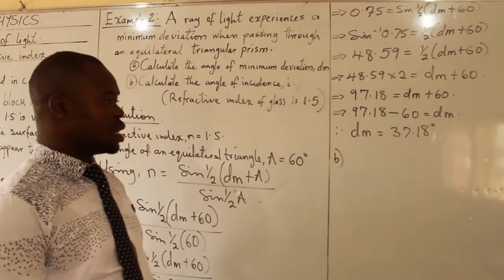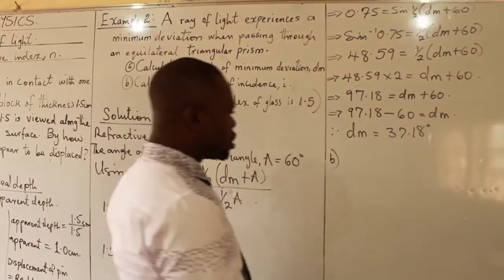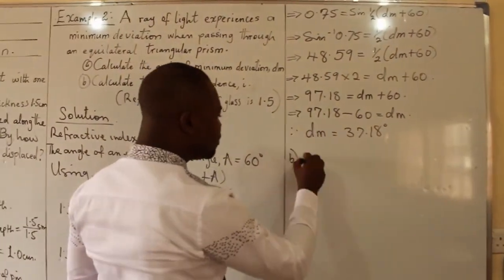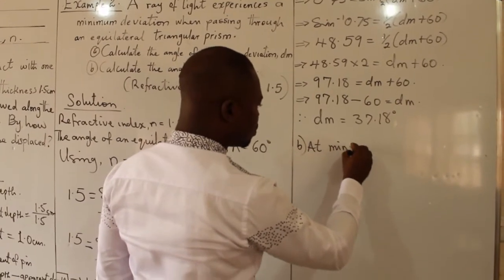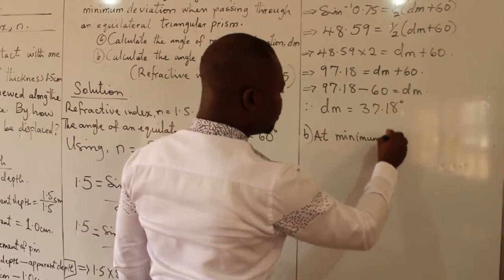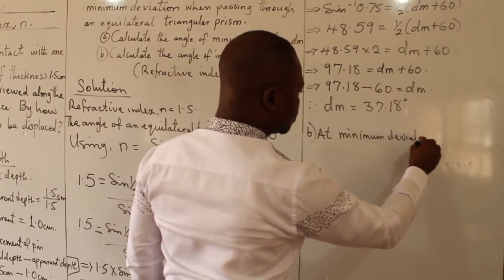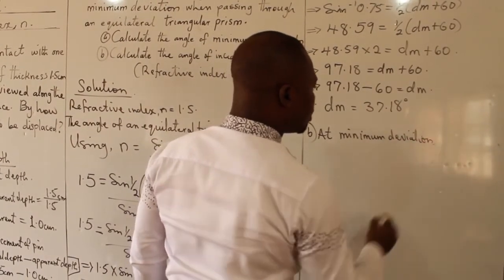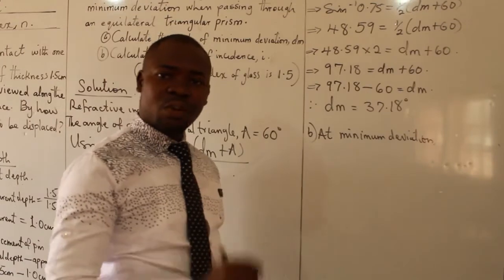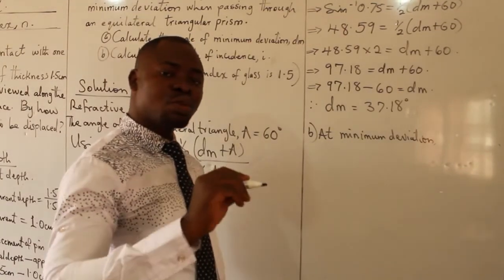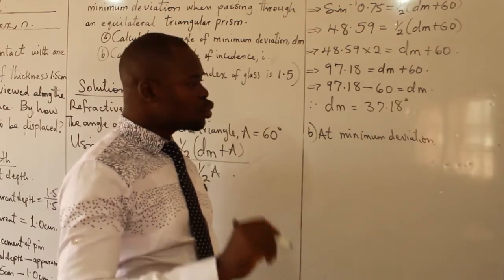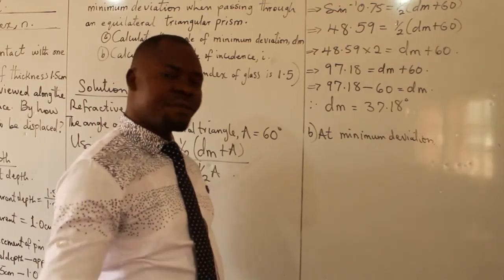Calculate the angle of incidence. Please take note of this: at minimum deviation, the angle of that equilateral triangle, that capital letter A, equals 2r, 2 times the angle of refraction.